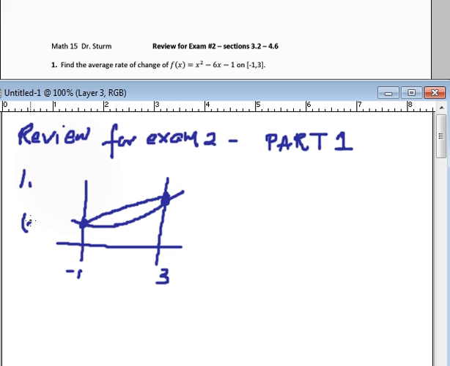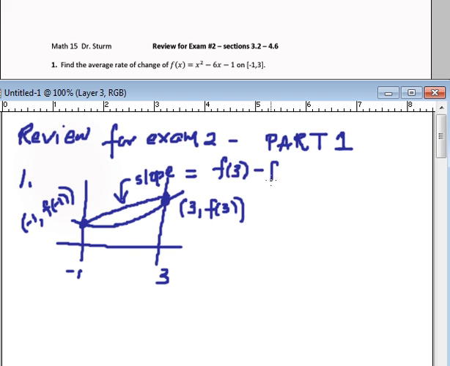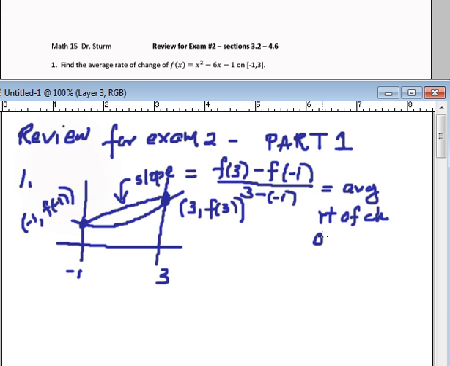This point is minus 1, f of minus 1, and 3, f of 3. So the slope is equal to f of 3 subtract f of minus 1 divided by 3 subtract minus 1. Alright, and that's the average rate of change on the interval minus 1, 3.